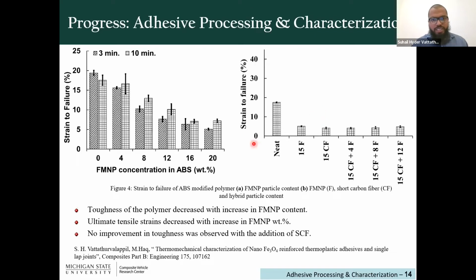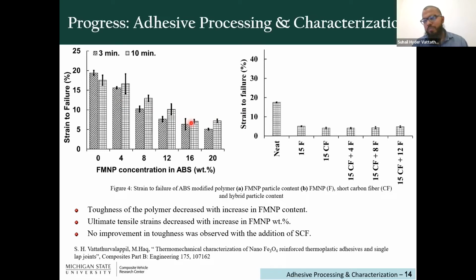Another observation from mechanical testing is that the toughness reduced significantly as you increase the volume content of nanoparticles within the ABS polymer. This was expected with ferromagnetic nanoparticles.